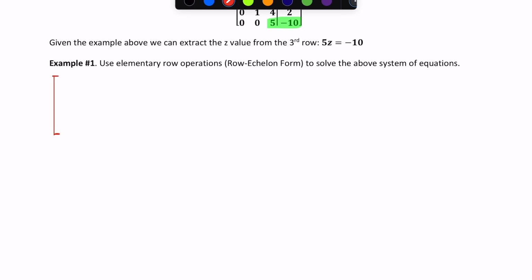We have 1, 1, and 2, then 2, 1, and 3, and then 2, 0, and -1, and our constants would be 9, 1, and 1. Again, column 1 represents the coefficients of x, column 2 the coefficients of y, and column 3 the coefficients of z.